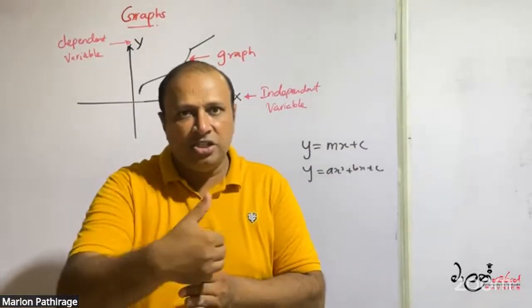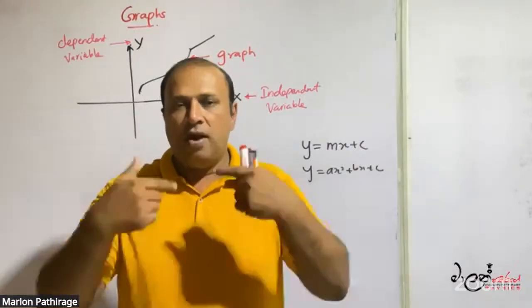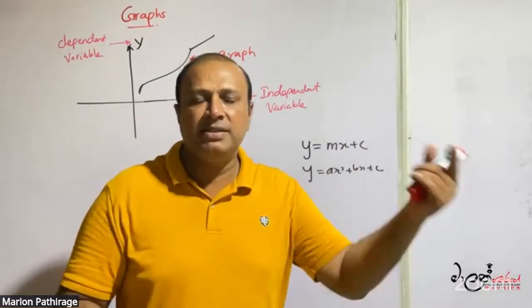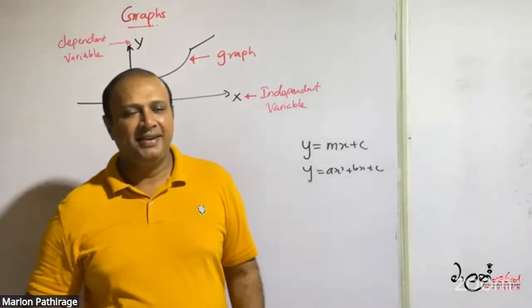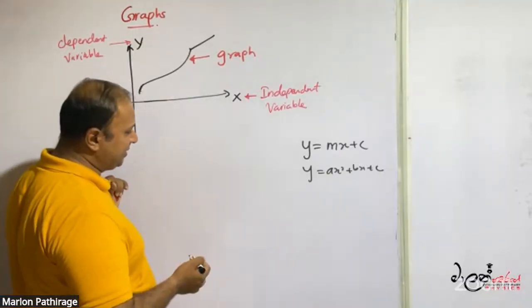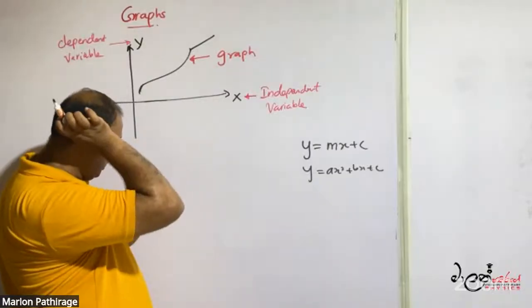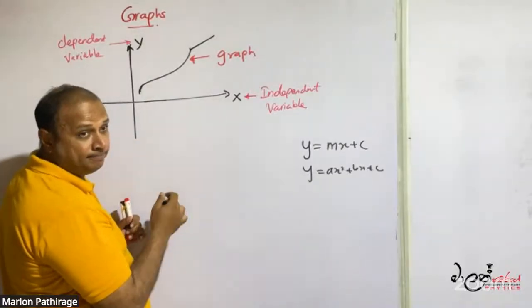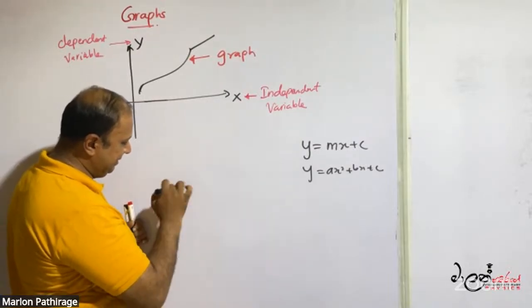According to the relationship between the first and second variable, once we change the first variable, the second variable also changes. Suppose this kind of thing, the temperature and energy.